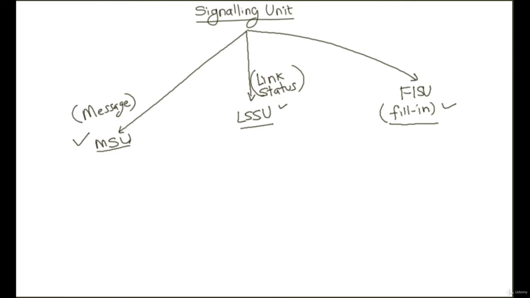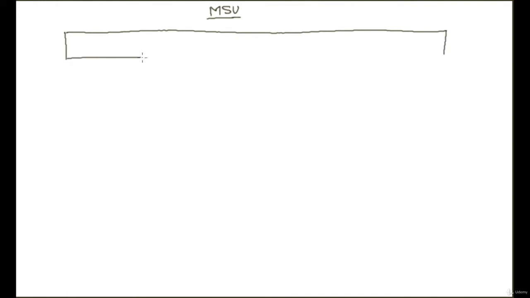Okay, so let us take the format of these three kinds of messages. Okay, so the first one is the MSU, message signaling unit. So let us dissect this message. Okay, so the first part of the field is the flag.